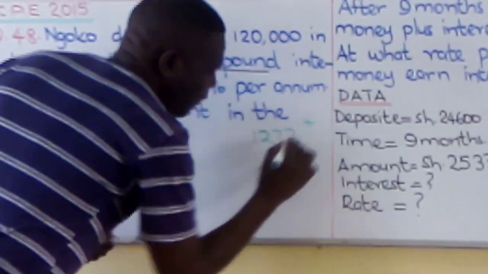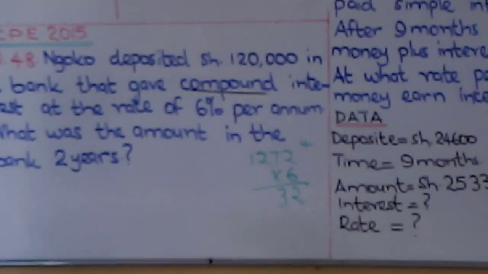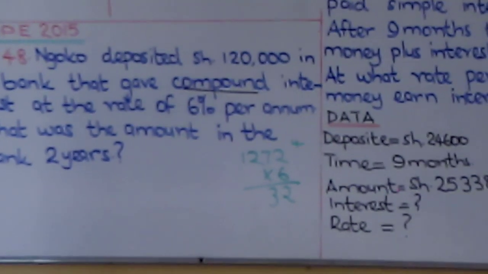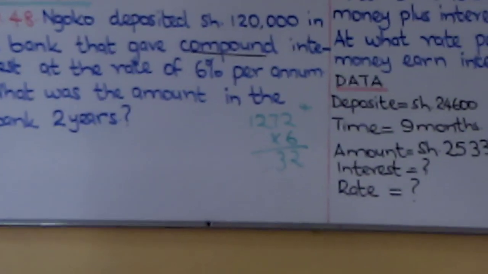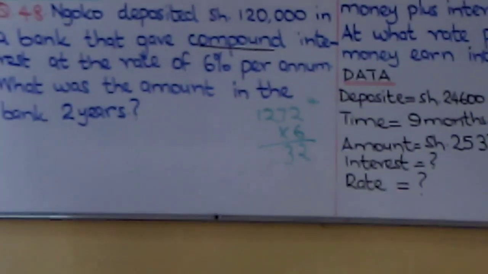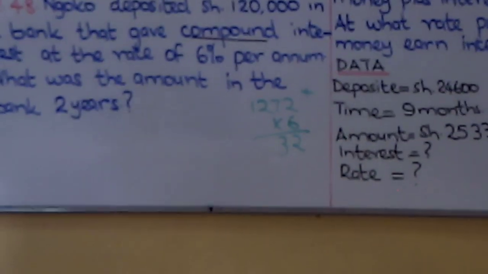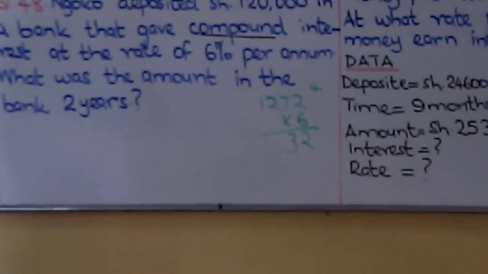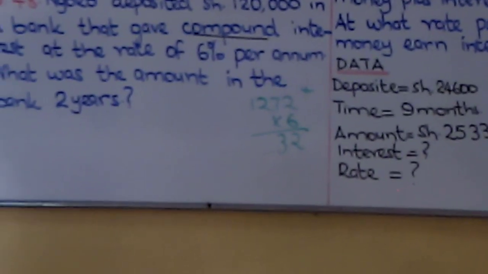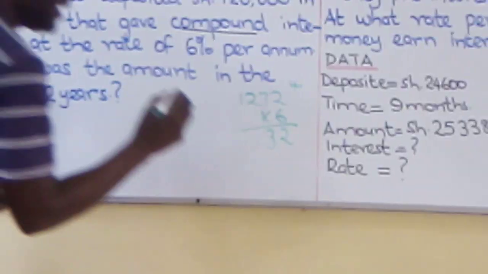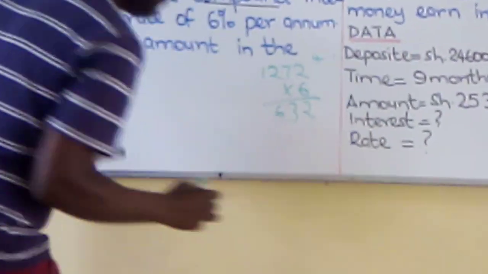We carry 4. Once again, what is 6 times 2 plus 4? Mary Kiso. Very good. 6 times 2 plus 4 is 16. So we write 6 and carry 1.